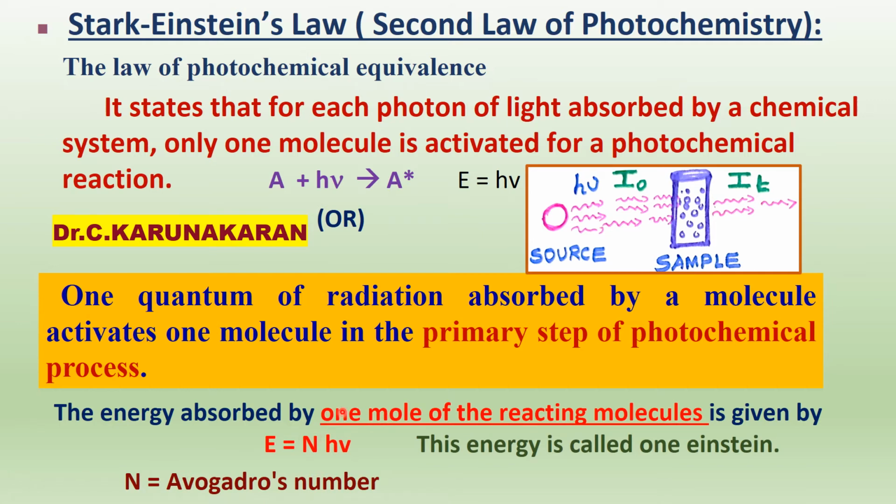So the energy absorbed by 1 mole of reacting molecules is given by E equals N h nu, where capital N equals Avogadro's number. This energy is called 1 Einstein. 1 Einstein is the energy of 1 mole of photons.